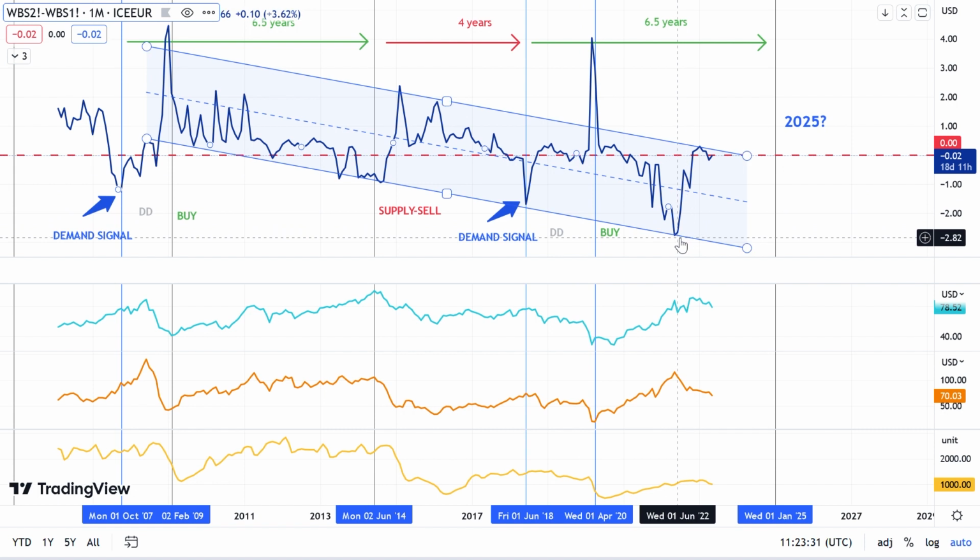And although we've had this normalization in this spread from summer of last year, 2022, to spring of this year, that's a spread of $2 to almost $3, which was normalized to go back into contango. It just marginally went into contango above zero, and now we're heading probably back into backwardation again.